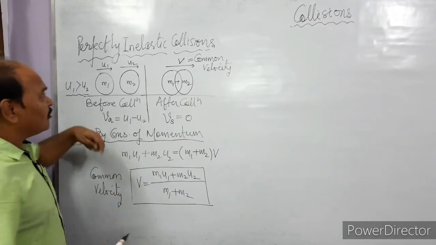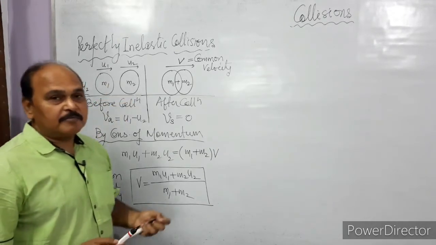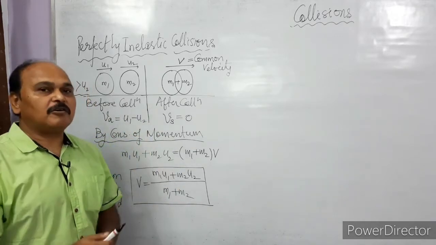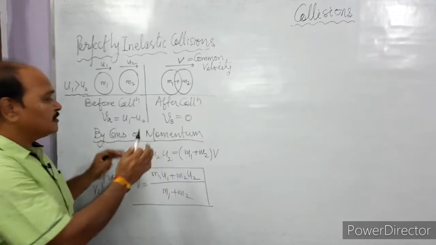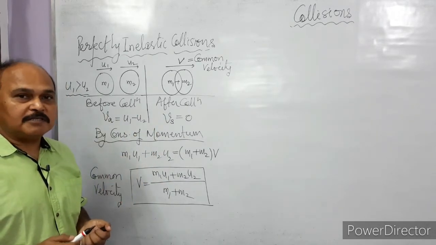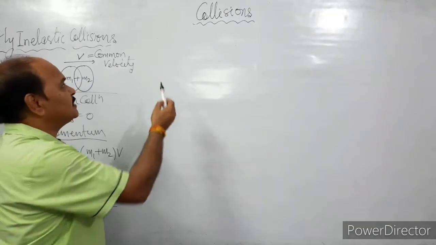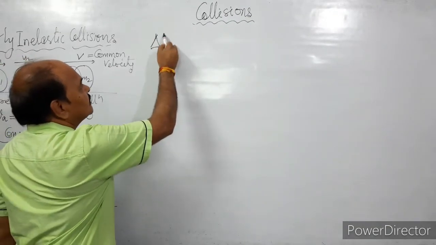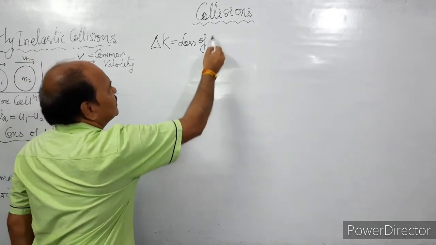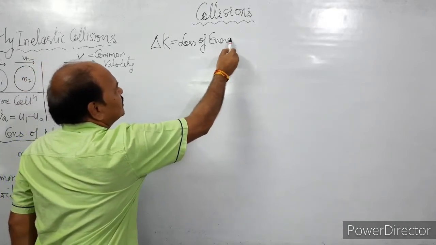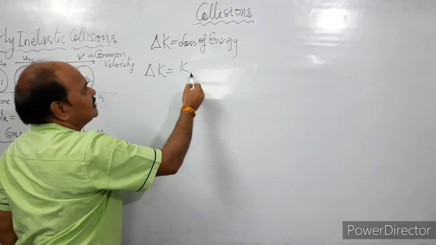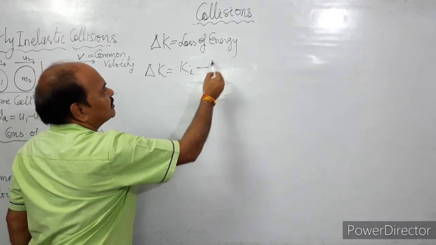Well, what is loss of energy? We know that in both inelastic collision as well as perfectly inelastic collision, there is loss of energy. And in this perfectly inelastic collision, there is maximum loss of energy. Loss of energy is, say, delta K, and this loss of energy is going to be the difference of initial kinetic energy minus final kinetic energy.